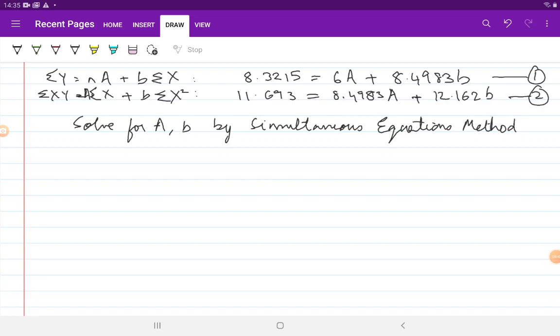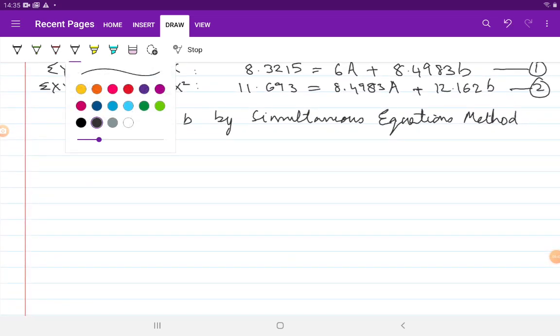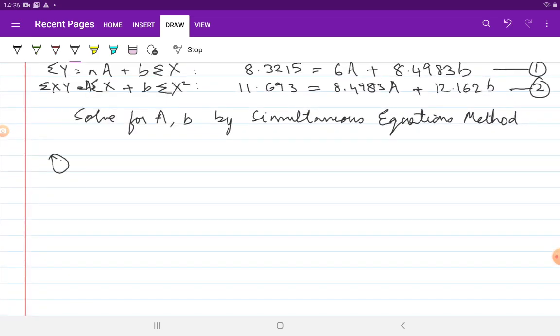I'm going to multiply my first equation with 8.4983 and my second equation I'm going to multiply with 6. When I do this, the coefficients of A in both the transformed equations will be equal, so I can eliminate it by subtraction.